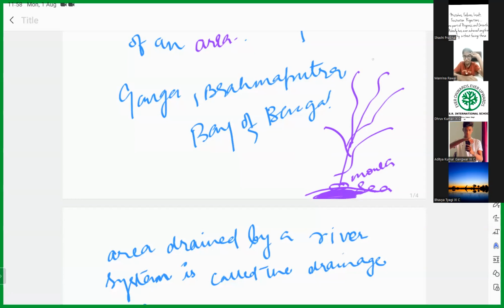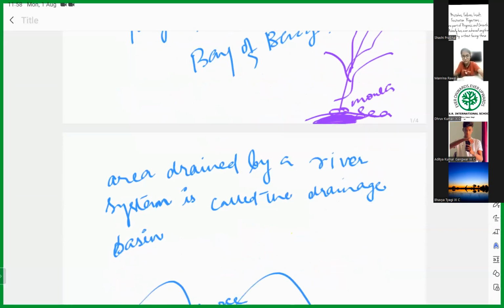Starting from the mountains, the source, it goes till the mouth. Clear, class? Yes, ma'am. Now when an area is drained by a river system, it is called the drainage basin. Any doubt, anything which is not clear or understood?